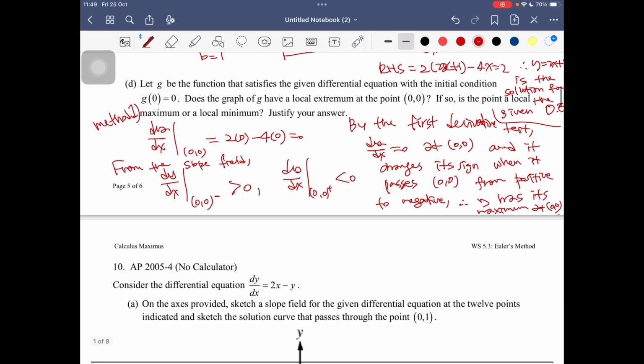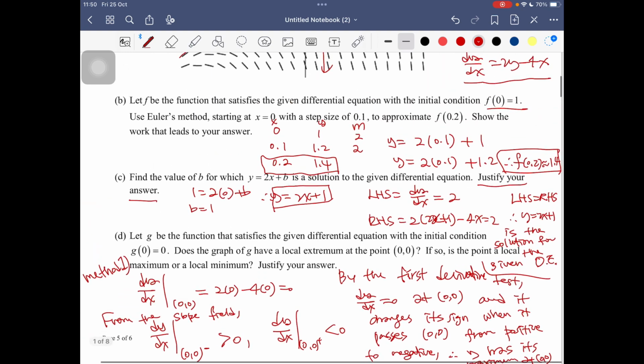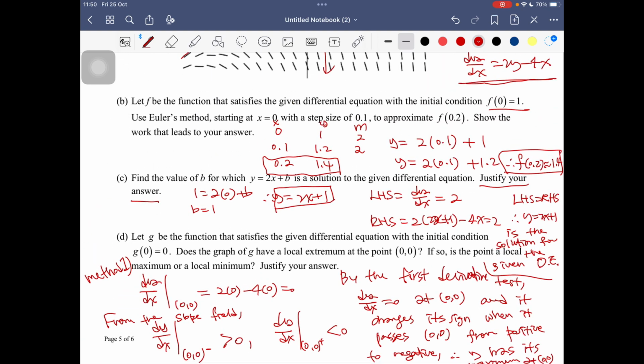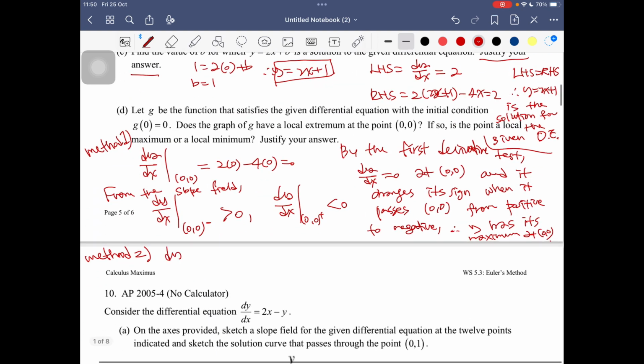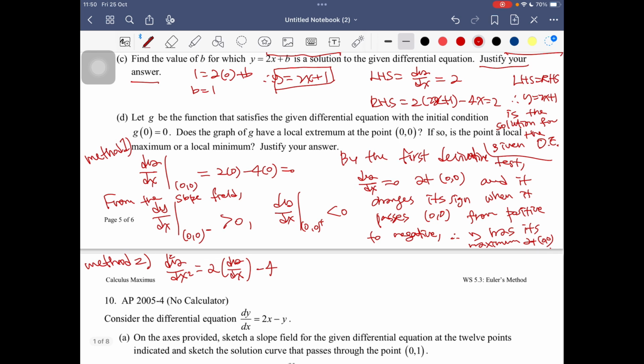And maybe a second method. We can use the second derivative test too. Since we have dy/dx, we can make the second derivative, 2y minus 4. But now we know dy/dx is 0, so this is negative 4, which is less than 0.